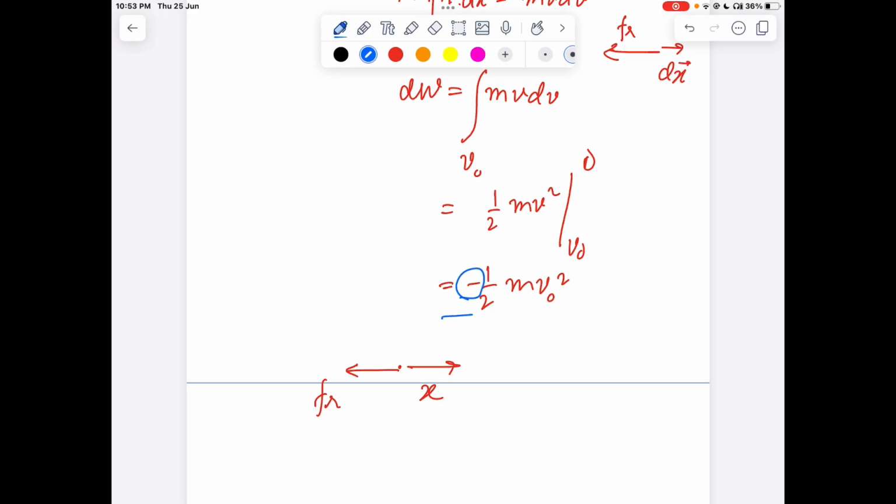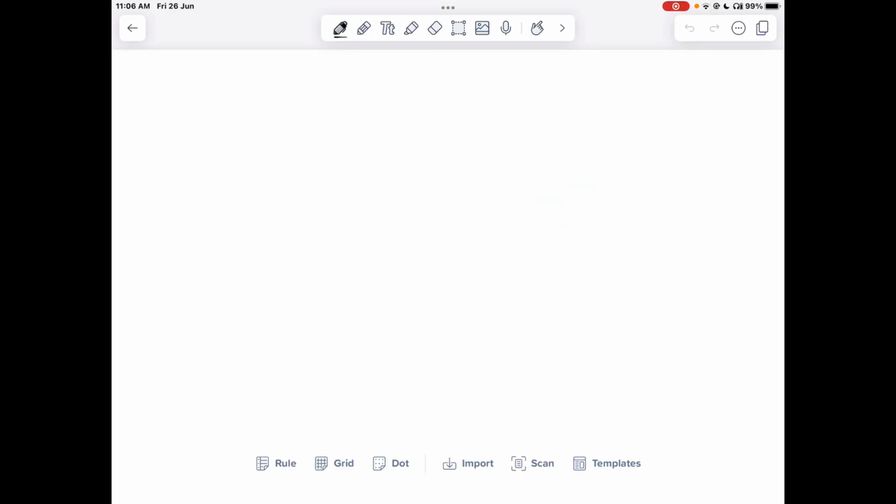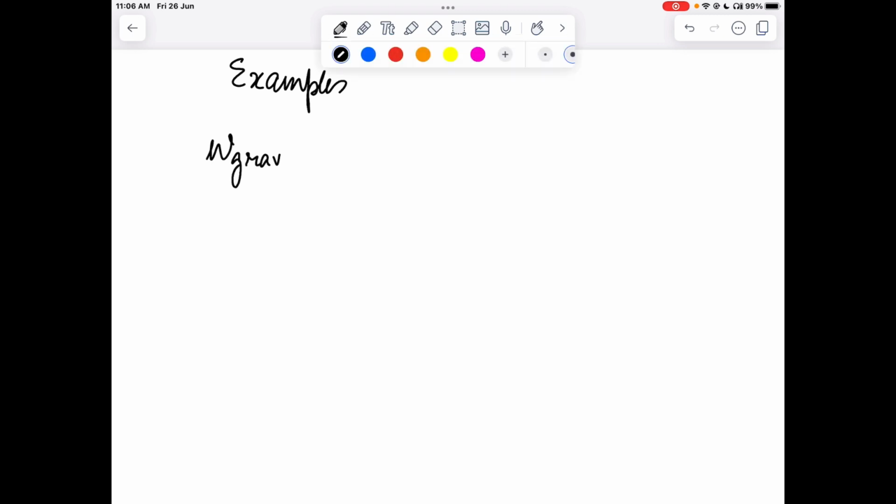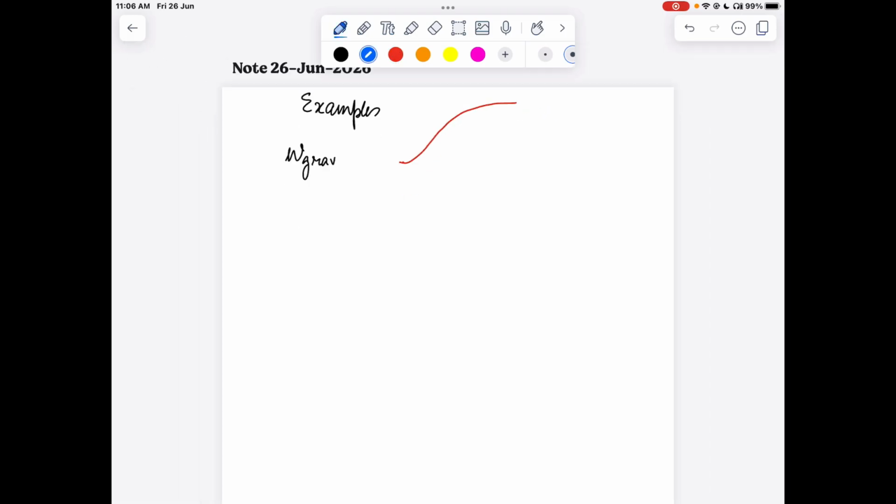It's a negative quantity. All right, now let's look at some examples of the work of a force. Let's first consider work of gravity. Let's consider this path traveled by a body of mass m.